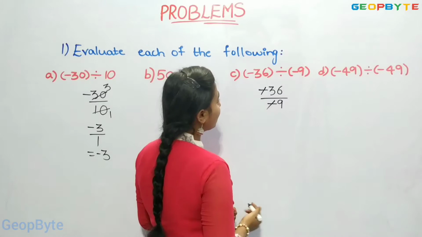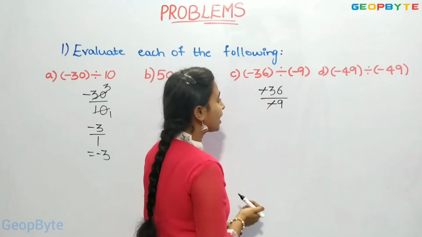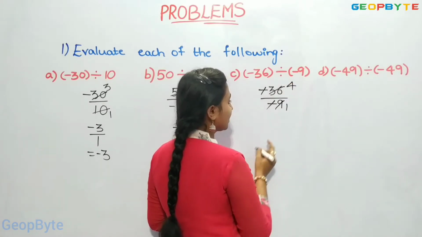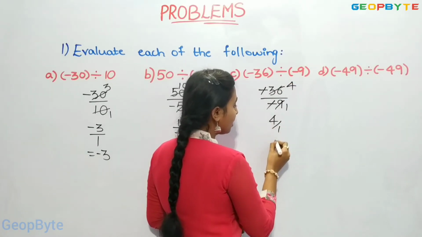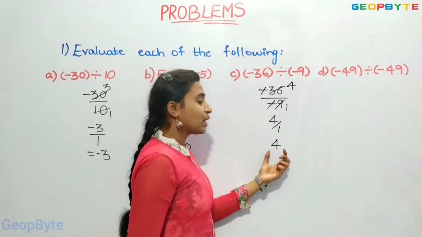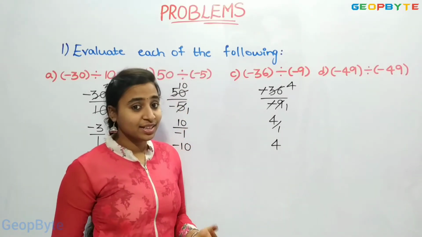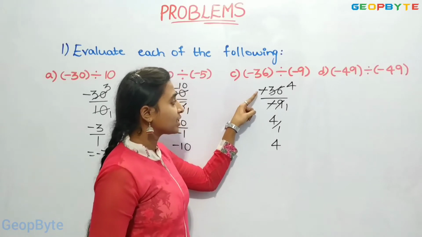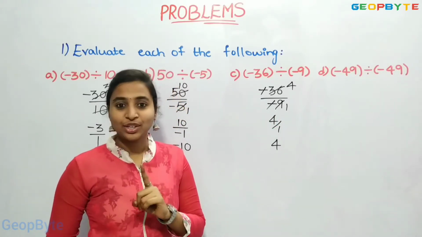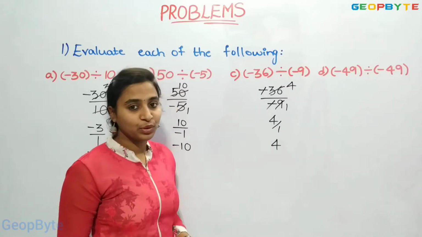The leftover numbers are 36 by 9. 9 ones are 9, 9 fours are 36. 4 by 1, that is 4, is the answer. We got a positive integer as the answer as we have two minus signs in division. Similarly, in multiplication also, we will have the same rule.